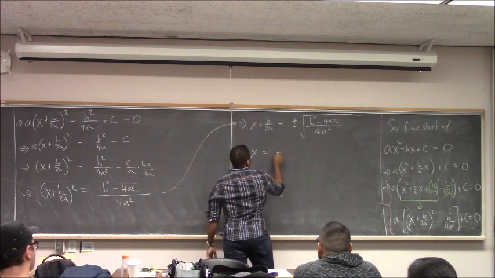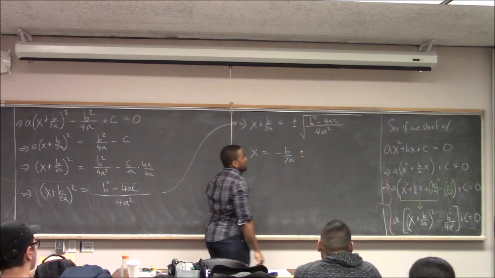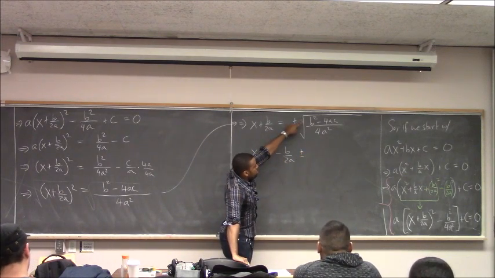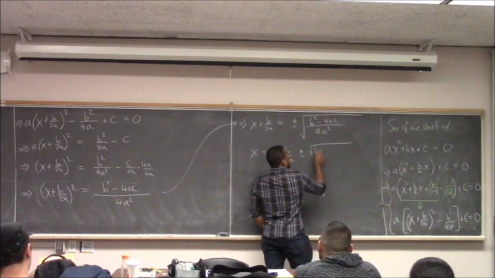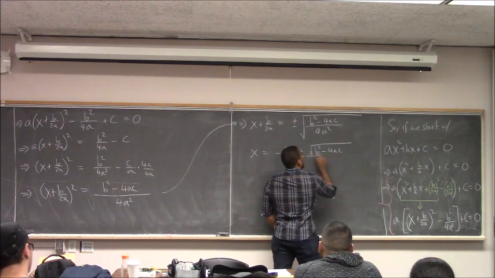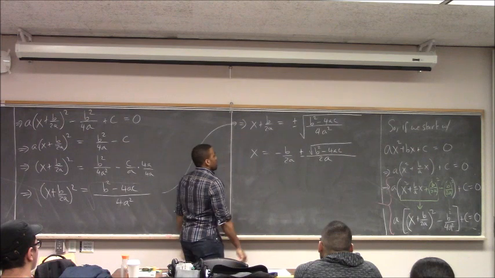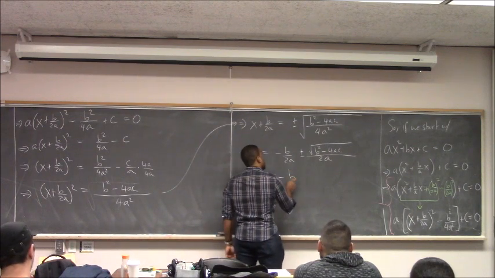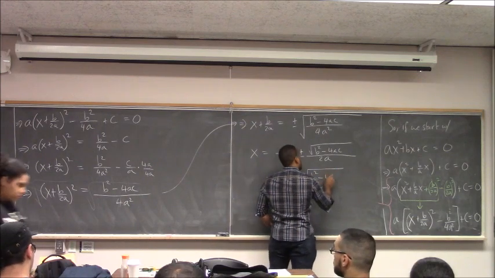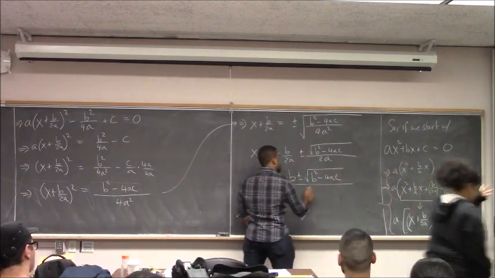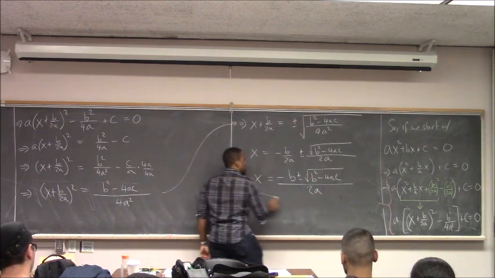So our x is equal to, move this over, minus b over 2a, plus or minus. There's a law for powers that says powers distribute across divisions. So I can separate this as the square root of b squared minus 4ac over, apply the radical to the bottom, I will get 2a. And then I can combine these, because now they have the same denominator. And ultimately, I get x has to be this.